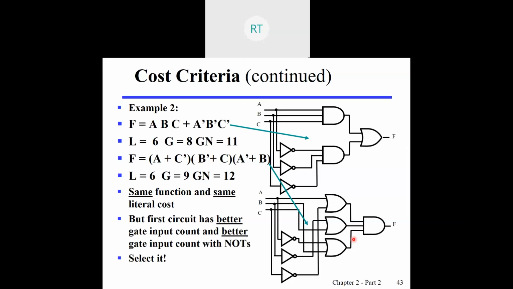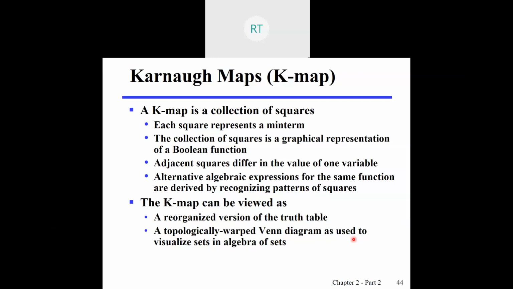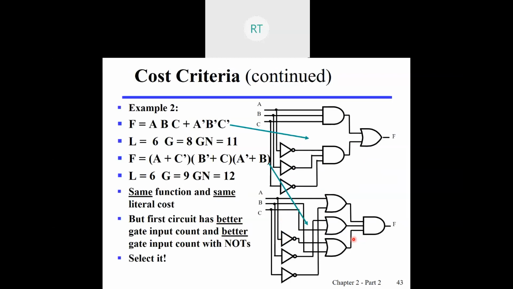The first has better cost because you have better gate input. A better cost. Okay, it's more cost effective, meaning here you are using fewer gates.